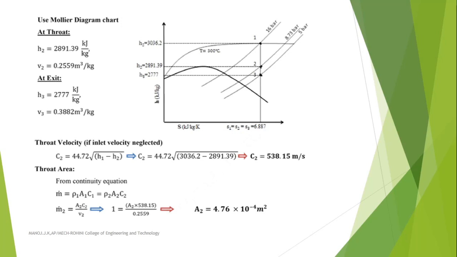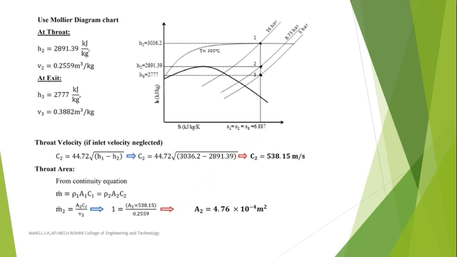Hence, the nozzle is a kinetic energy boosting device. We need to find the velocity at the throat region and the velocity at the exit region. Then only we can find the area of the throat and the area of the exit. The formula for the exit velocity is root of 2000 into h1 minus h2 plus c1 square.